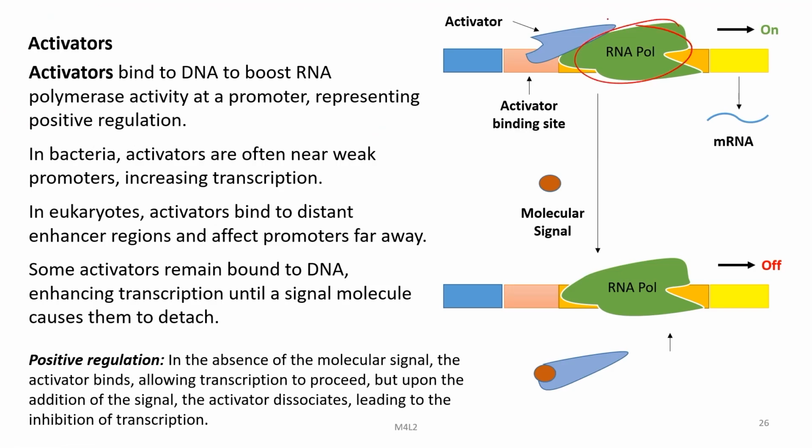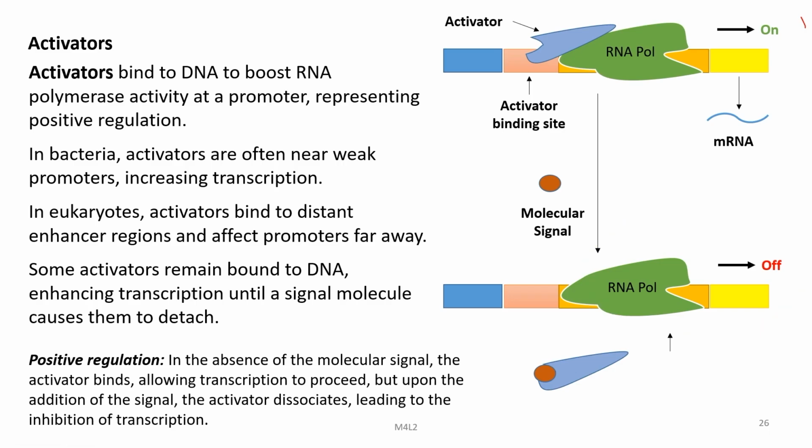So, this is the RNA molecule to which the activator has bound, which switches on the process and mRNA is produced. Then a signal molecule binds to the activator binding site, and due to this the activator is removed and this switches off the process.